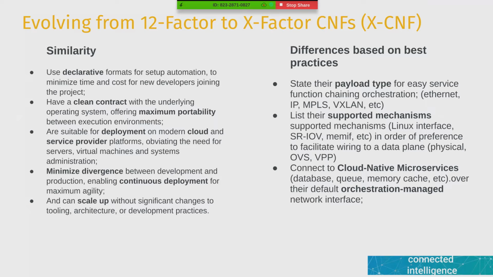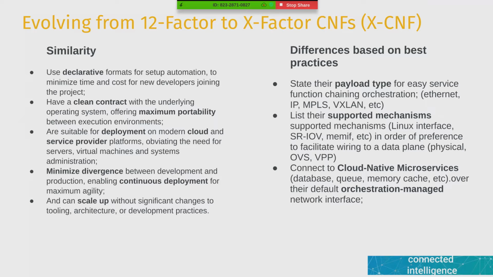CNI, the networking interface, is a key thing, and therefore the protocols are important. So payload type is recognized as Ethernet, IP, MPLS, VXLAN. These are the things which are used. Additionally, you can see mechanisms that are supported for optimization or acceleration, like SR-IOV and memory interface, and various other things.